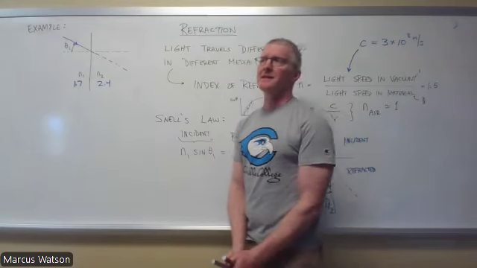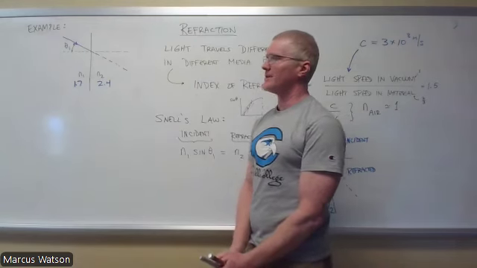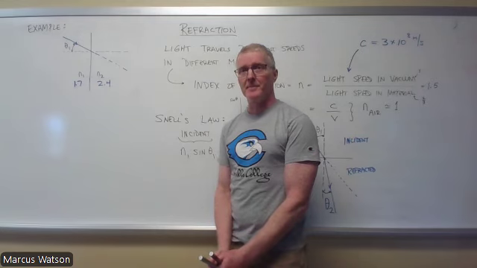2.4, incidentally, is a nice number to have because it is close to the index of one of the highest naturally occurring index materials, which is diamond, in fact.